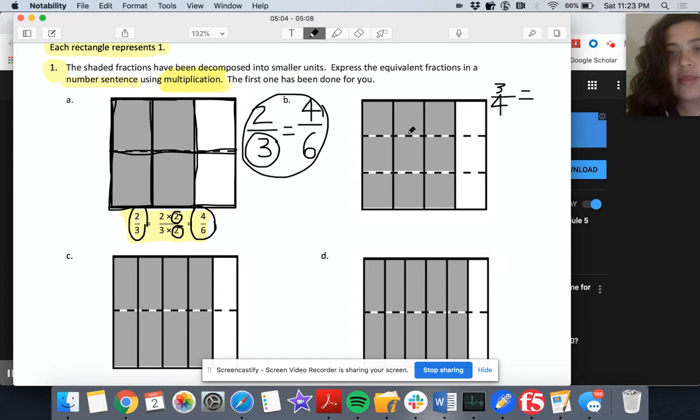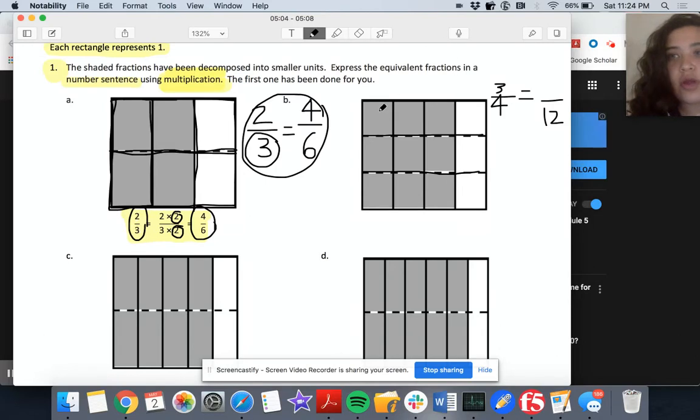And then what they did is they went ahead and cut up this chocolate bar, cut up this area model into even more pieces by drawing a dashed line, or 2 dashed lines horizontally. 1, 2. So now, how many pieces do I have total? Let's count. 1, 2, 3, 4, 5, 6, 7, 8, 9, 10, 11, 12. 12 pieces total. How many of those pieces are shaded in?